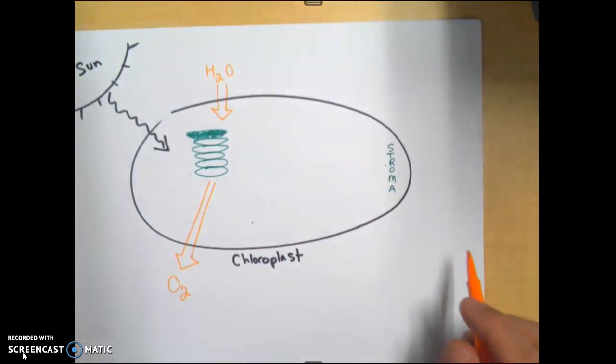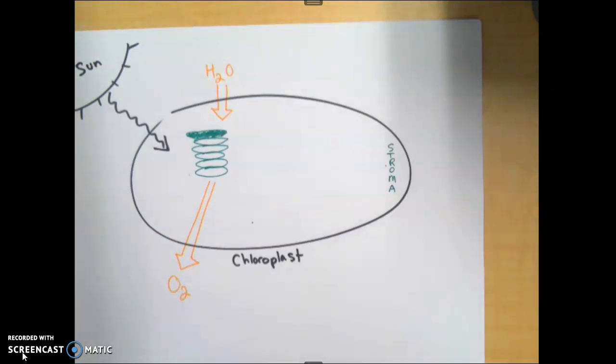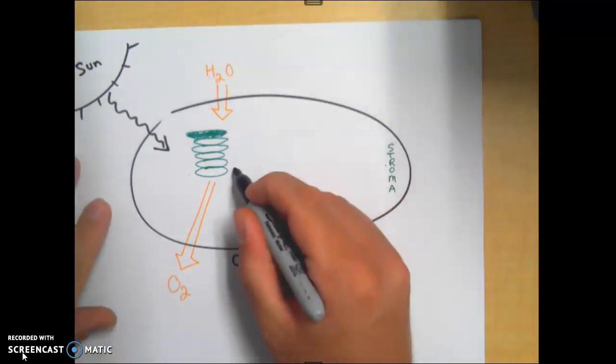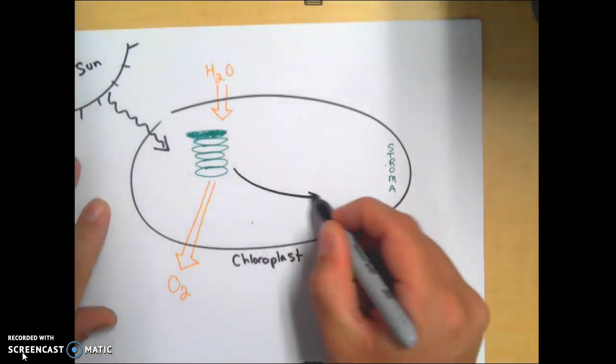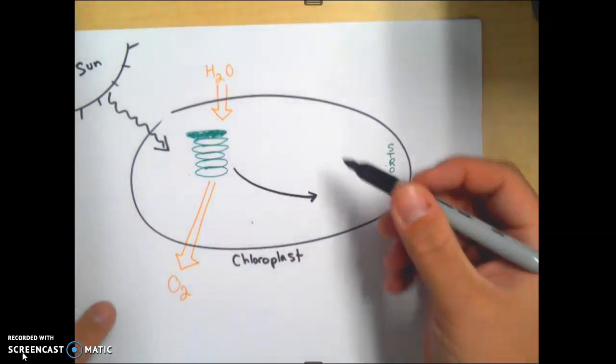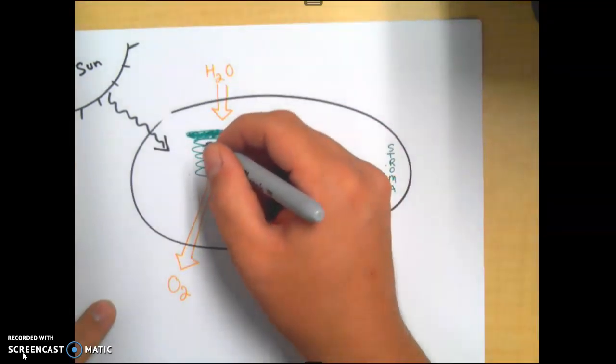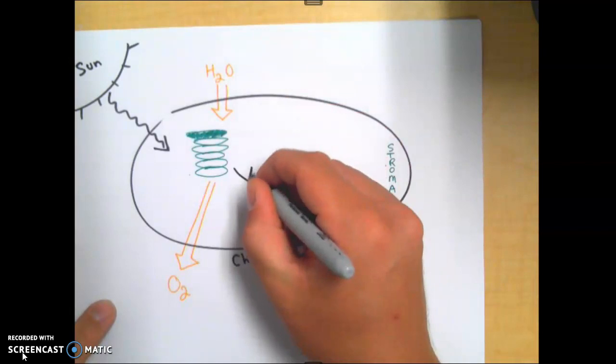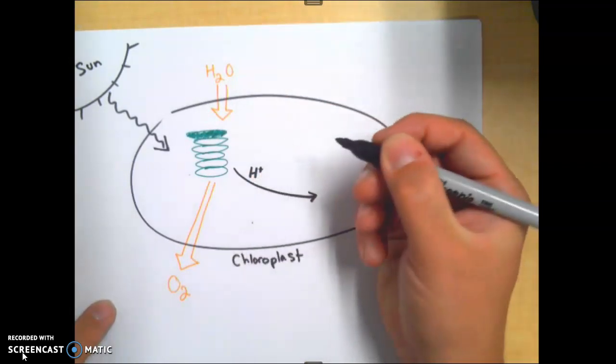You might be wondering to yourself, what just happened to our hydrogens? Well, funny you should ask, because as a result of breaking apart this water molecule, what has been left over in limbo here is some hydrogen ions, okay?